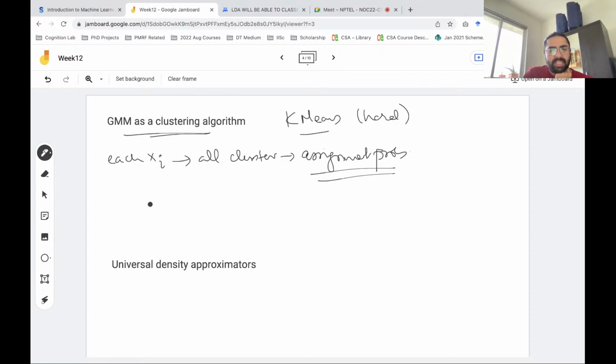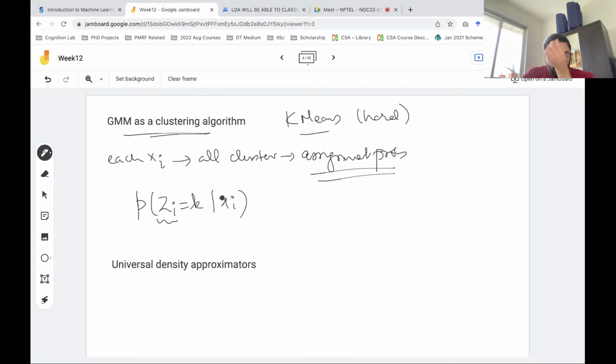So for example, if you want to know the responsibility, you look at p of z_i equal to k given x_i, right? So z_i is the cluster whose responsibility you're trying to understand.